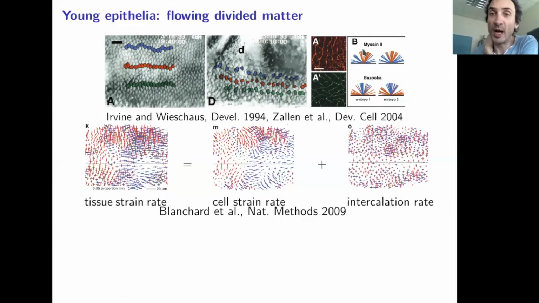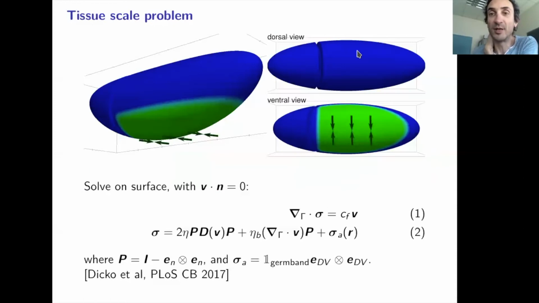So we do have, as I was suggesting before, a preferred orientation of the filaments on which myosin is acting, and we will have an active stress tensor, sigma A, which is preferentially along a specific direction, the DV direction, along the small axis of this embryo, in all places which are green here, which are non-zero sigma A.